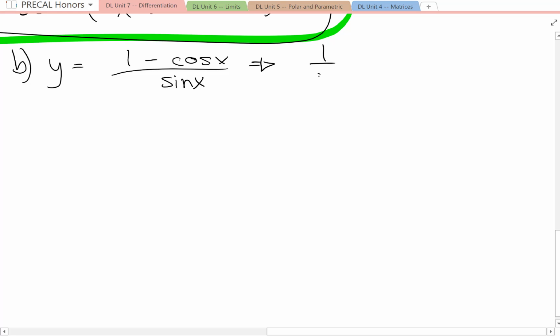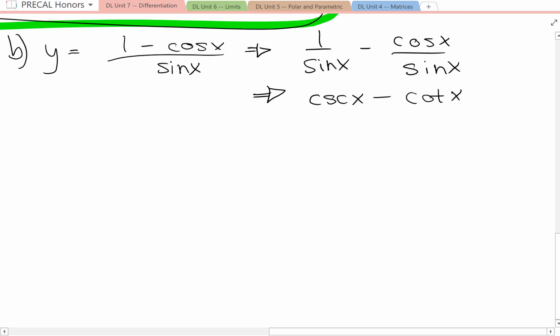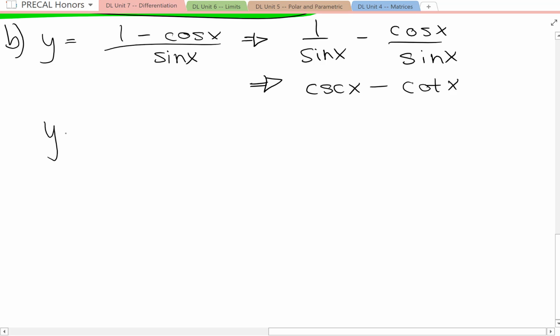This becomes 1 over sine x minus cosine x over sine x. 1 over sine x is cosecant x, and cosine over sine is cotangent x. This looks like it might actually be a lot easier to derive than the other version that we just did.